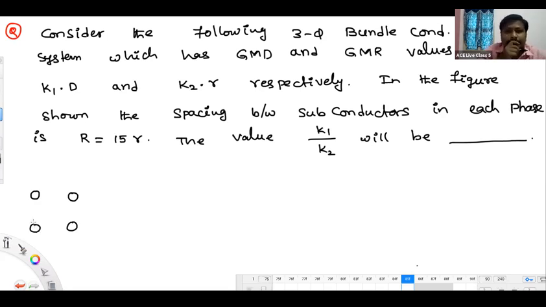Yeah, one more thing we have to write. In bracket, R is the radius of each subconductor.